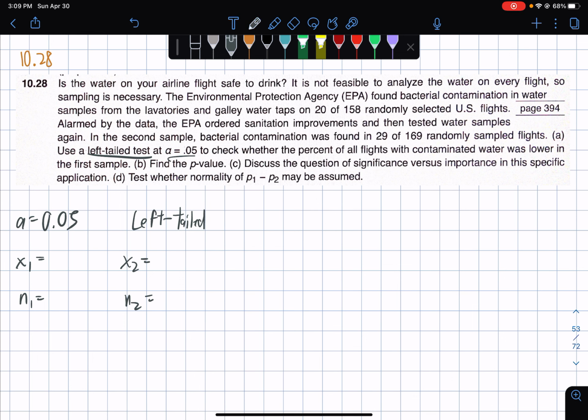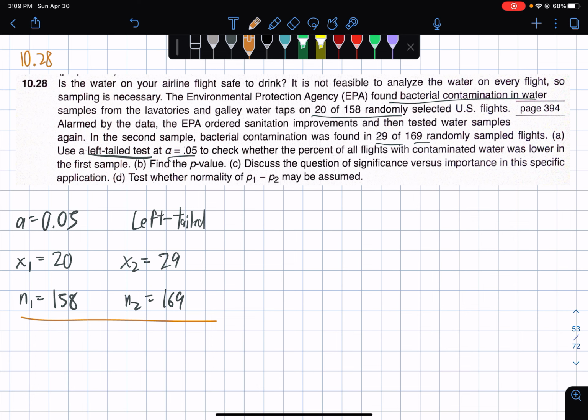And then the Environmental Protection Agency found bacterial contamination in water, 20 out of 158. And then based on research improvements, 29 of 169. Randomly sampled flights. Okay, so that's everything for the given.